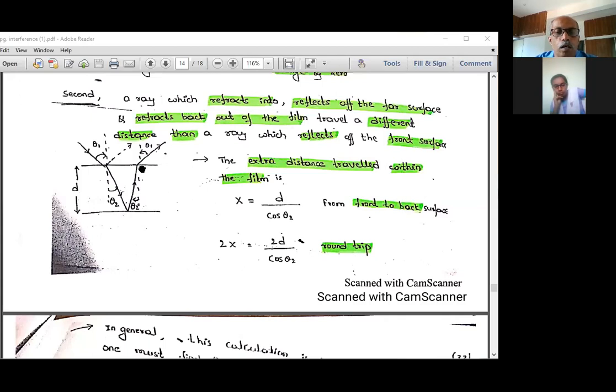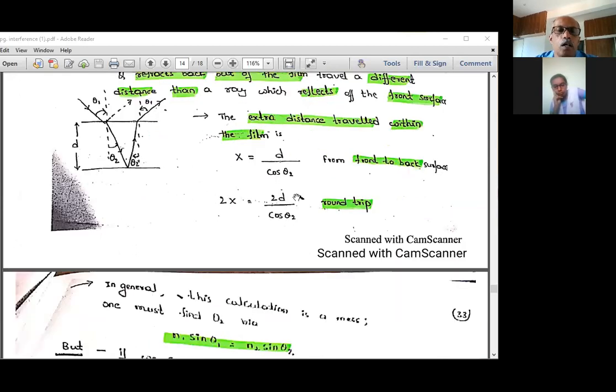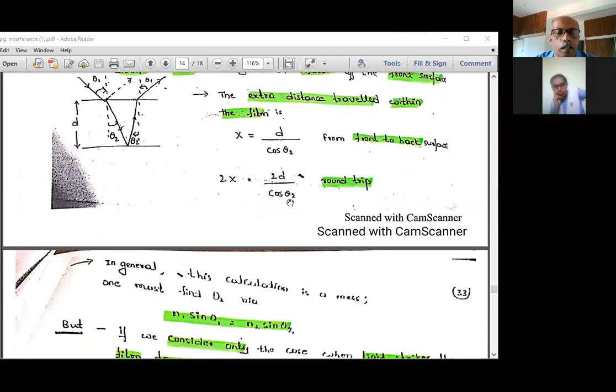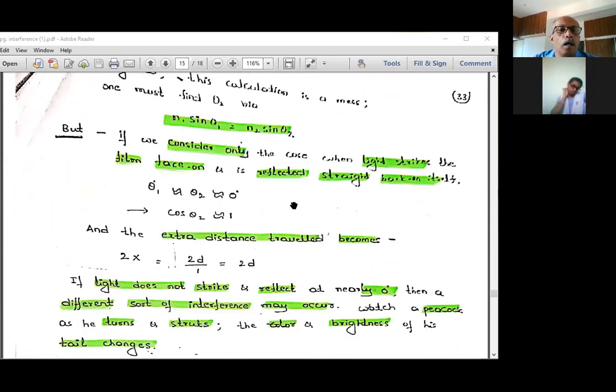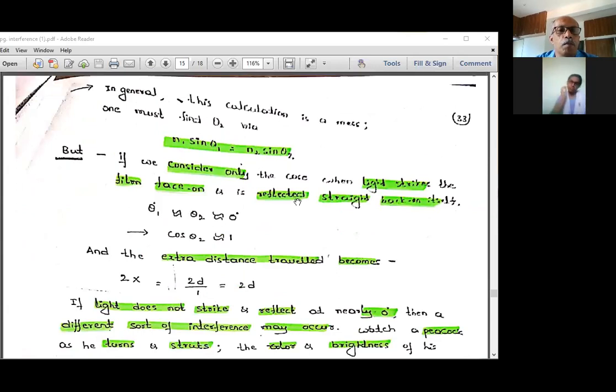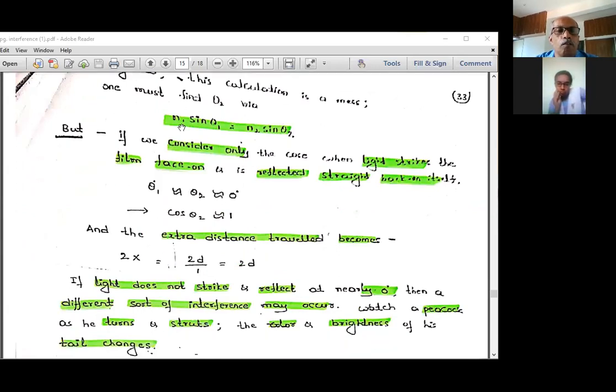Then the total distance traveled, AB plus BC as we called earlier, will be equal to 2d by cos theta. We already showed the same derivation of how 2d cos theta came about. In 2d cos theta 2, we called it beta, right? That is the only difference. And one must find that n1 sin theta 1 is equal to n2 sin theta 2.